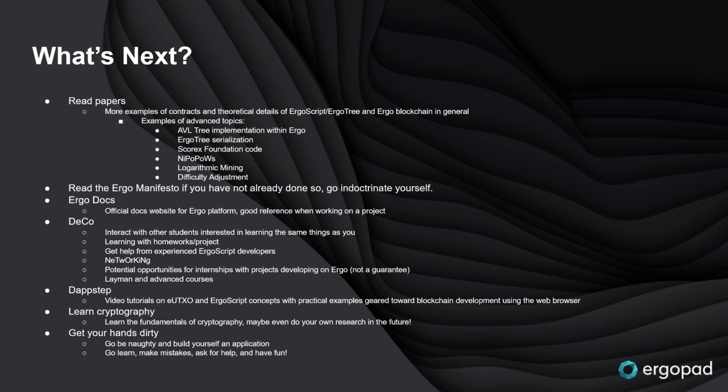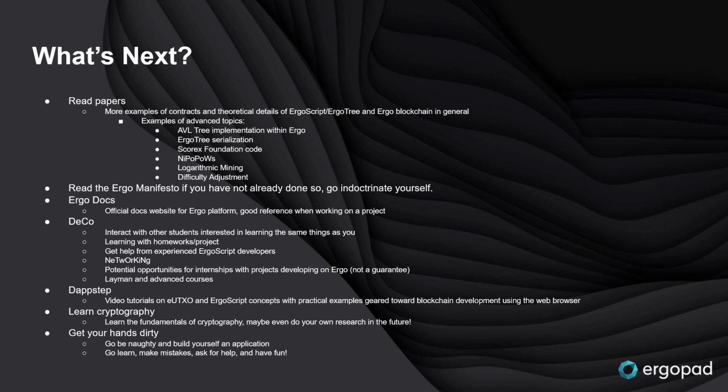There's Ergo Docs, the official docs website for Ergo. It's a good reference to use also while you're working on a project, along with the Bible of the language, the specification for ErgoScript. There's also Deco, which I actually participated in myself almost a year ago, and that was my first in-depth exposure to the Ergo blockchain.